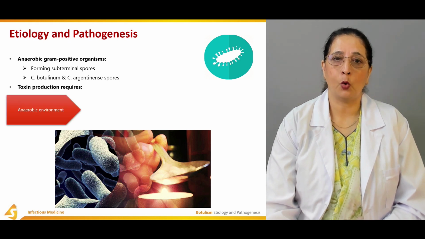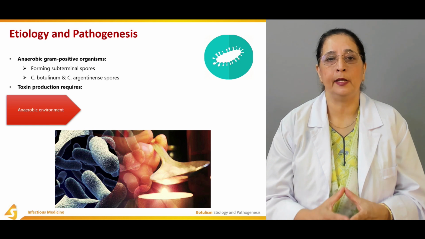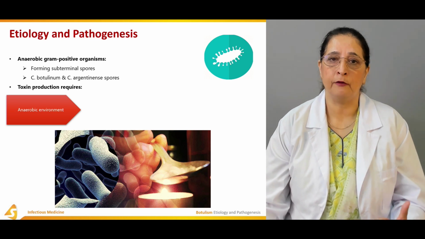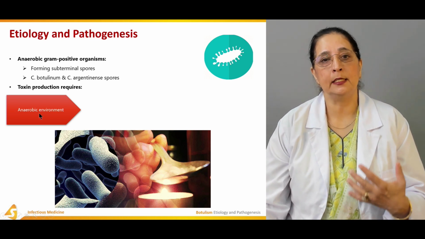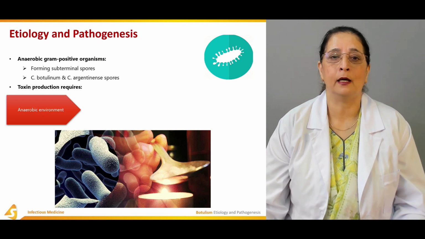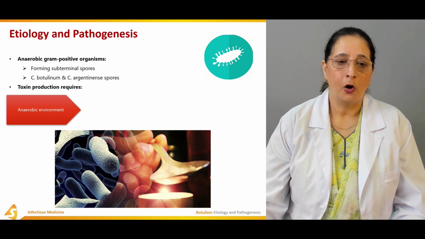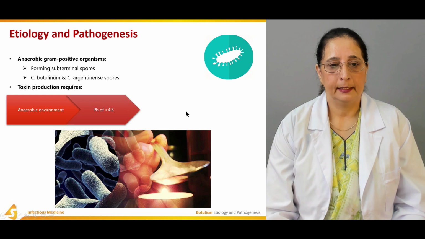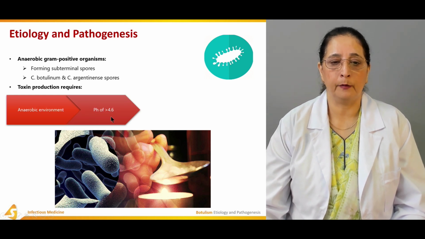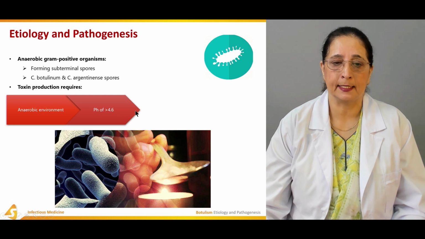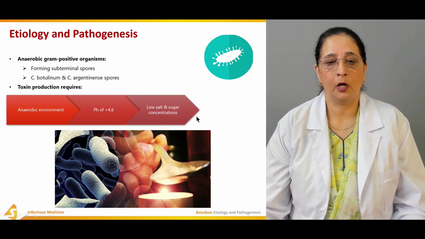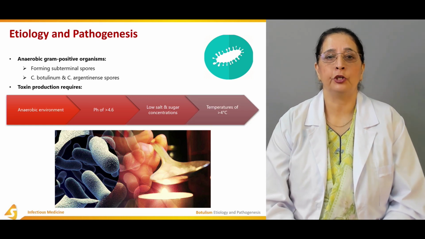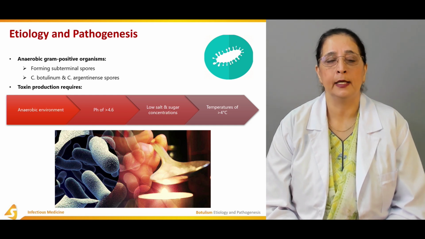What are the different factors that play an important role in the production of botulinum toxin? An anaerobic environment is one, because these Clostridia are anaerobic gram-positive organisms. Then they need a pH of more than 4.6, low salt and sugar concentration, and a temperature of more than 4 degrees Celsius.